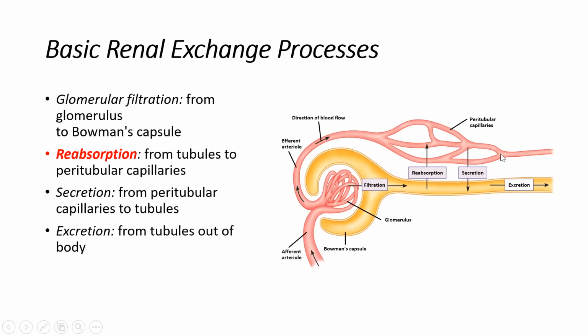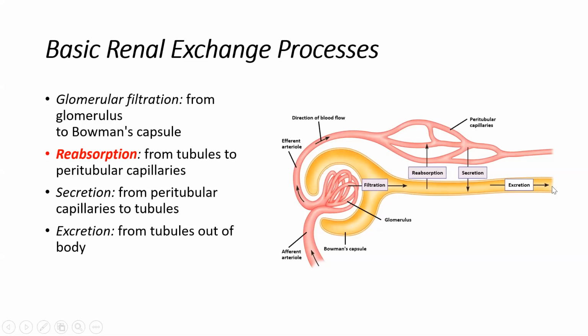Things like excess bicarb, excess hydrogen ions. We want to secrete them. Potassium is also secreted. We want to get rid of some of those things, and we want to move them back into the tubular structures, and we do so via secretion. Now, after all of this fine-tuning of reabsorption versus secretion, we then have our ultimate filtrate, which at this point we call urine, and that can be excreted from the body.